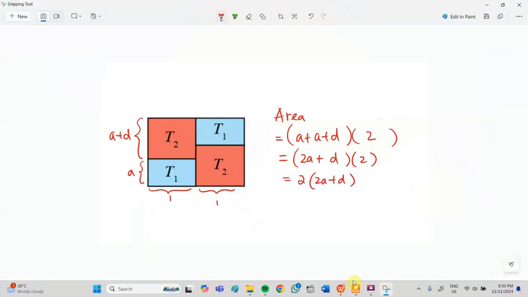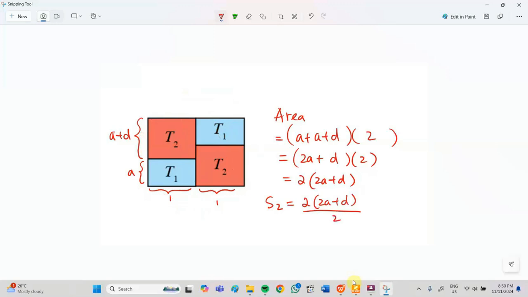And since S2 only considers the addition of T1 and T2, we are going to divide this into half, okay, because we only consider this one, we don't need this, okay, so we only need this one. So we need to divide the area here by 2. So here this has to be divided by 2, so S2 equals 2A plus D divided by 2.